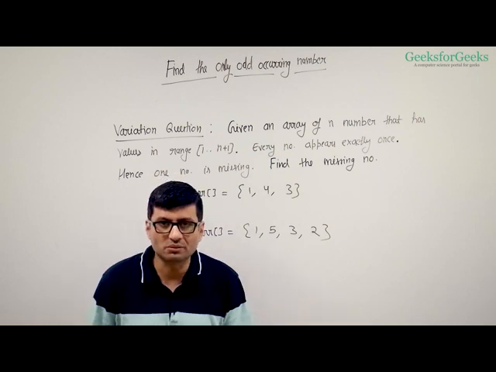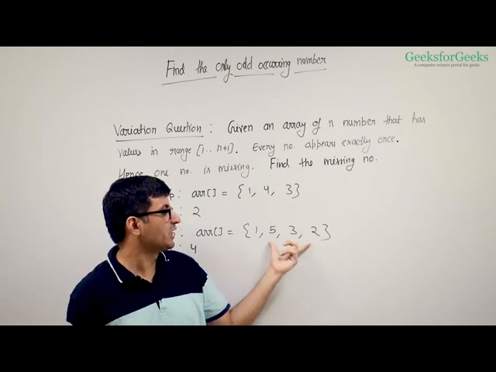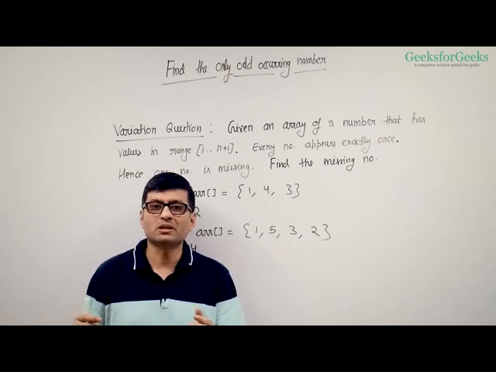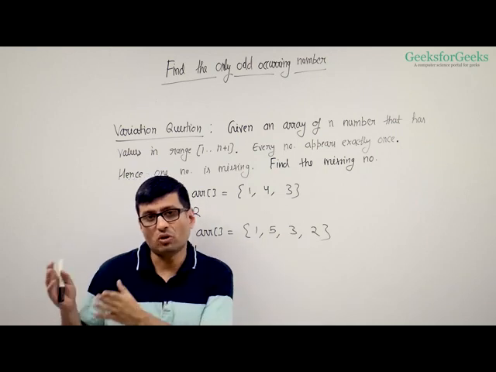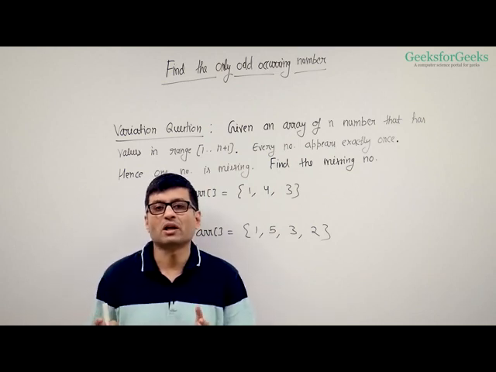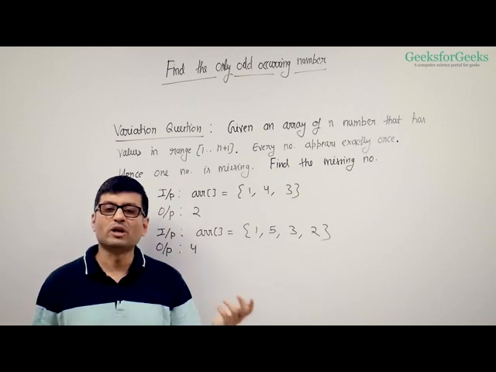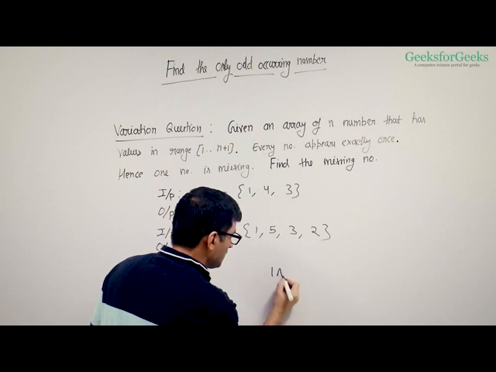All the other numbers will appear 2 times, because you are taking the array and you are taking the numbers from 1 to n plus 1. So every number appears in the array and also in the range from 1 to n plus 1, and only one number appears just once. That's your answer.